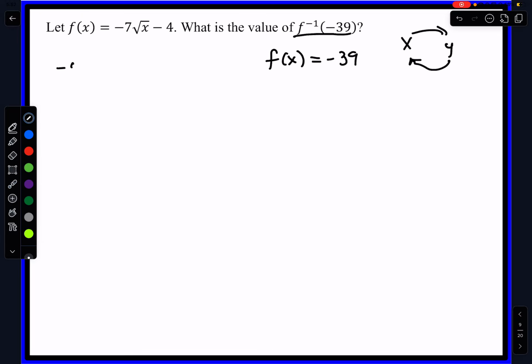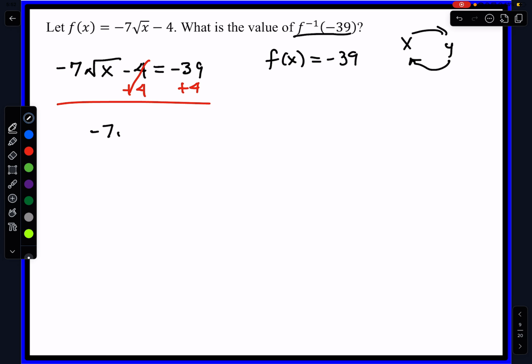So if we do that, we would end up again with our solution. By solving this equation, we'll get again our output value of the inverse at negative 39. To solve this equation, we first add 4 to both sides to get rid of any addition and subtraction.